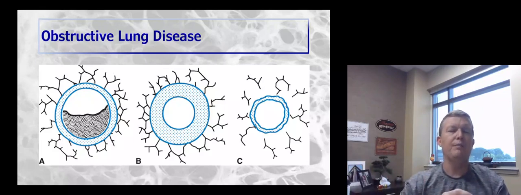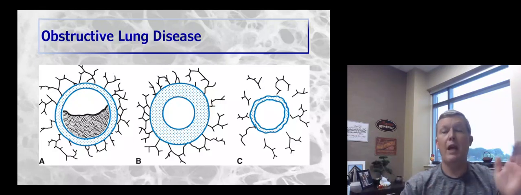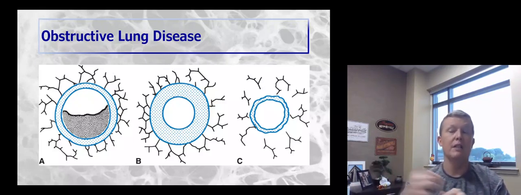So we have three distinct pathologies here. It is important to remember this as we go forward, that patients you're going to encounter in clinicals don't have one or the other of these.